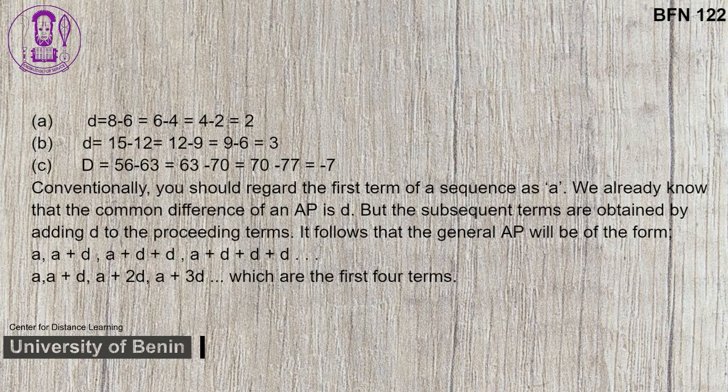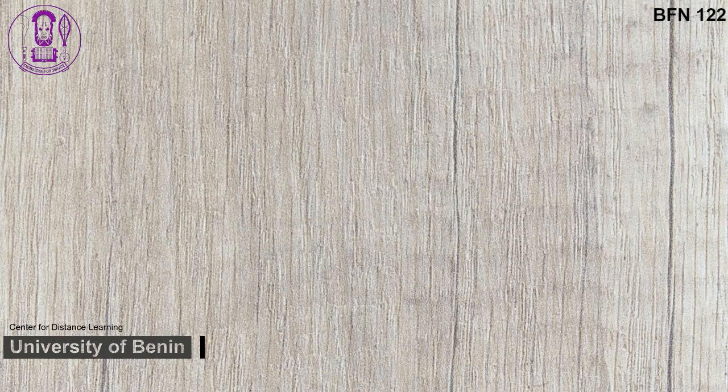Conventionally, you should regard the first term of a sequence as A. We already know that the common difference of an AP is D. But the subsequent terms are obtained by adding D to the preceding terms. It follows that the general AP will be of the form A, A plus D, A plus D plus D, A plus D plus D plus D, that is A, A plus D, A plus 2D, A plus 3D, which are the first 4 terms.